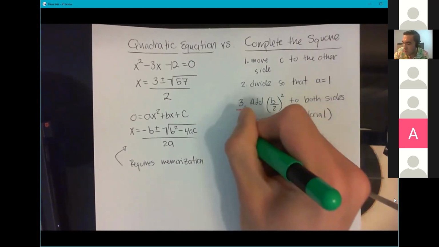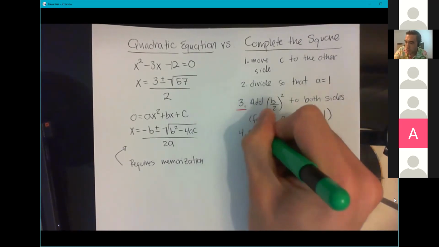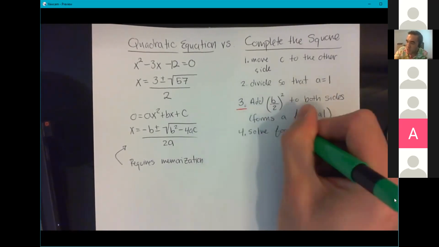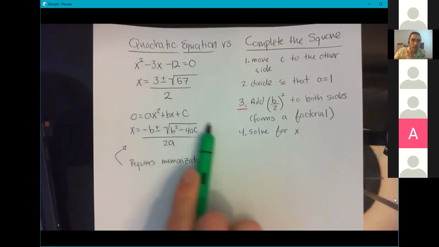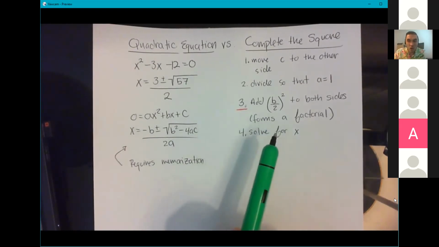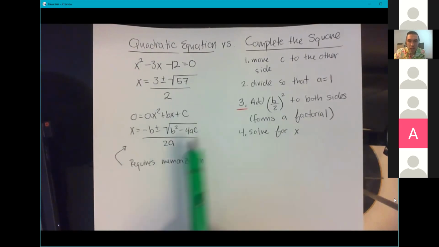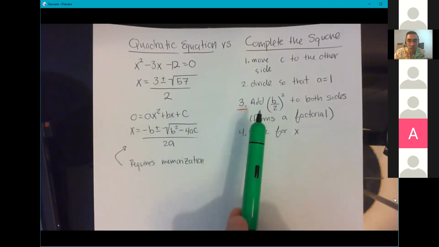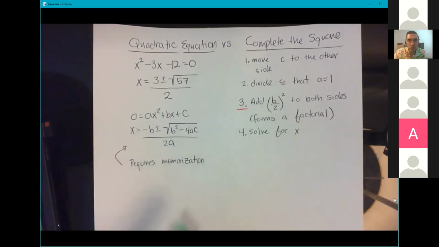And then the rest of it is just regular old algebra. The rest of it is to solve for x. So instead of memorizing this slush of algebraic terms, you could just know this method. And I would assert that all of this is pretty natural except for this step. So instead of memorizing all of this jazz, just know that the magic step is taking b over 2 quantity squared and adding that to both sides.